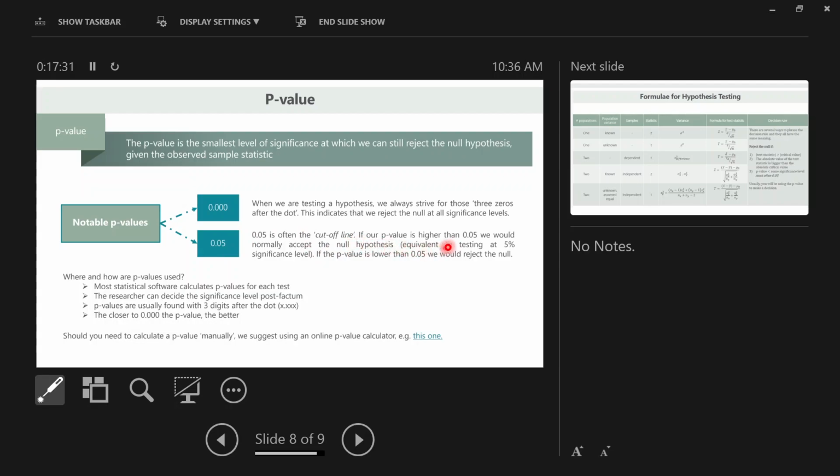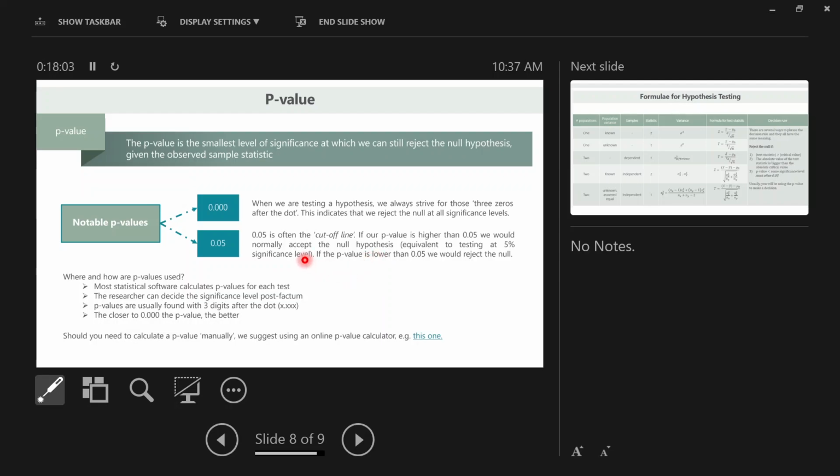If our p-value is higher than 0.05, we would normally accept the null hypothesis, right? It means that your study is not significant. Because if you accept the null hypothesis, it means whatever you are trying to come up with has failed, because you are trying to disprove it, right?